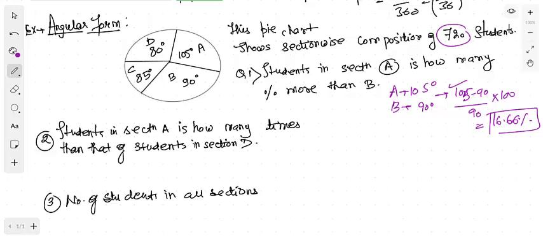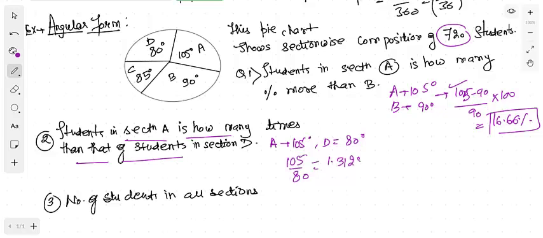Now the second question is students in section A is how many times that of students in section D. Now, students in section A are 105 degree, in D are 80 degree. So to find this, you have to divide 105 by 80, and this will provide you the final answer.